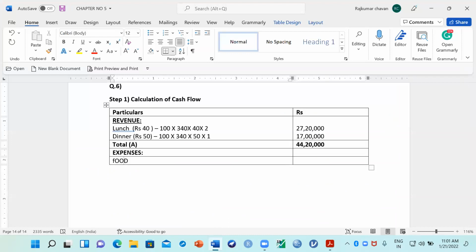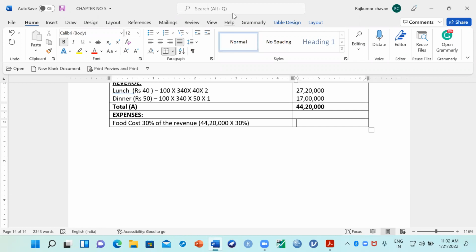So we can say the food cost is 30% of the total revenue. Approximately that much they can incur as cost. So if we calculate, 44 lakh 20,000 is the total revenue they generated. If you take 30%, they are spending it on purchasing items and all. What is the total cost? Can you put your answer in the chat box?